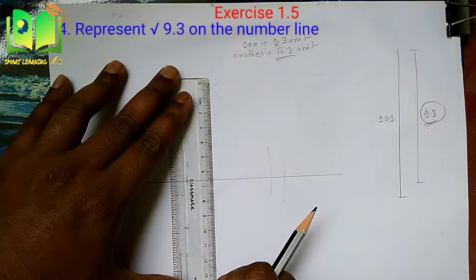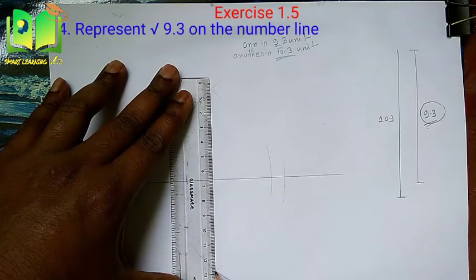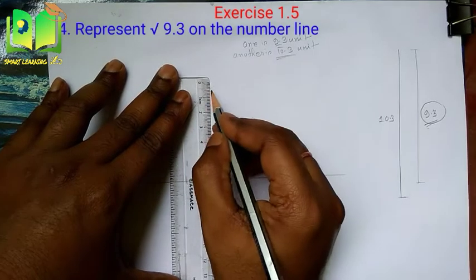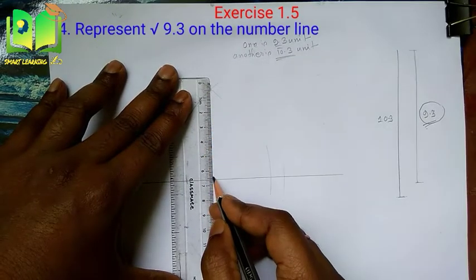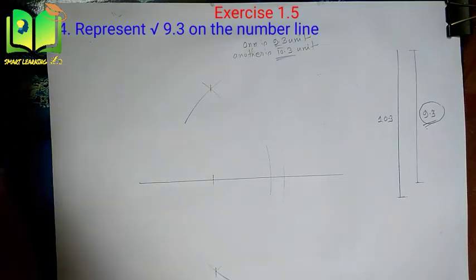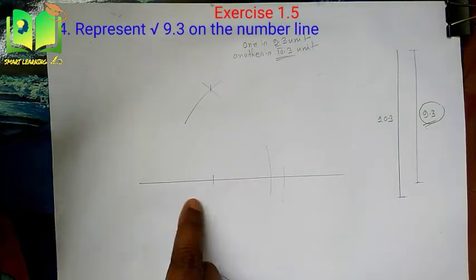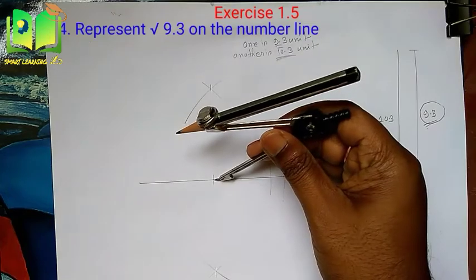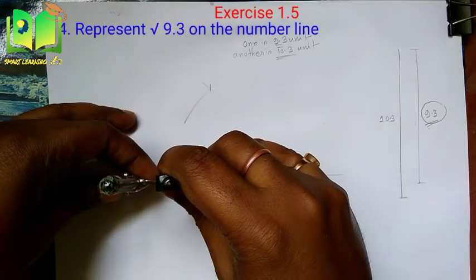Actually this midpoint we required here. No need to draw the entire bisecting line. First you see is it passing or not. Yes, it is passing. So just find out the midpoint. Now taking this length here to here as a radius, construct a semicircle.